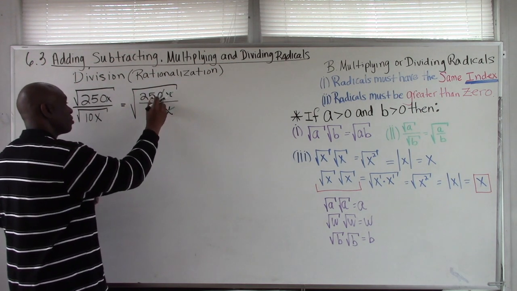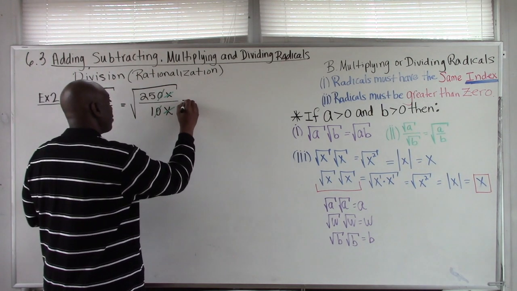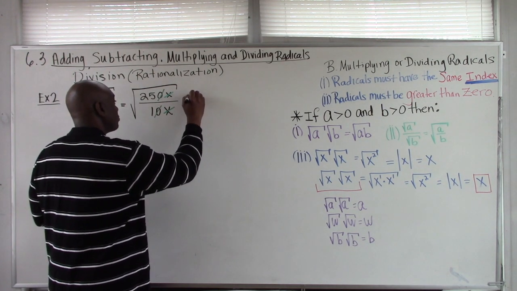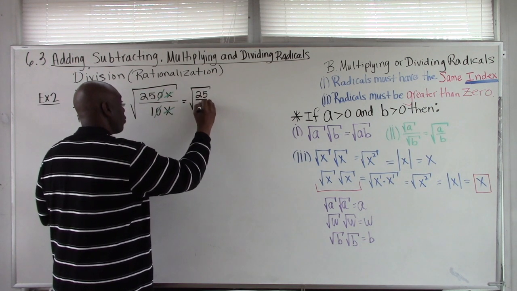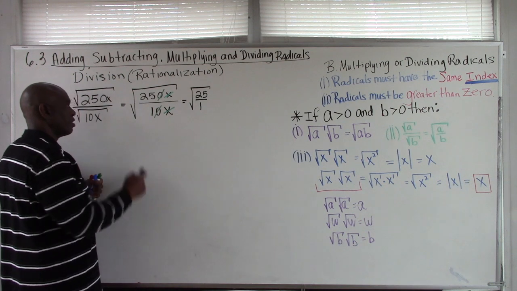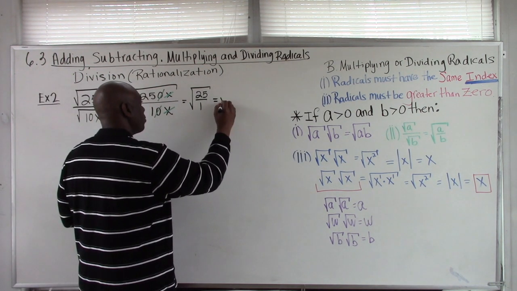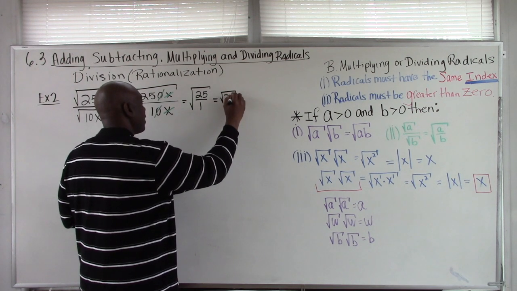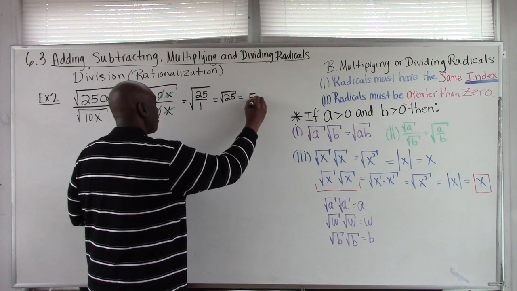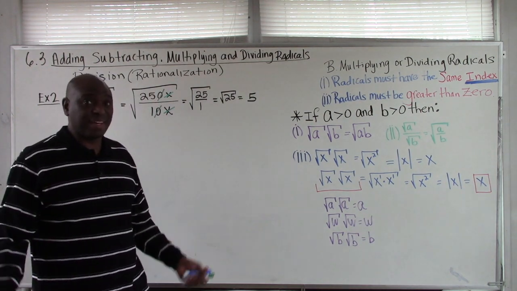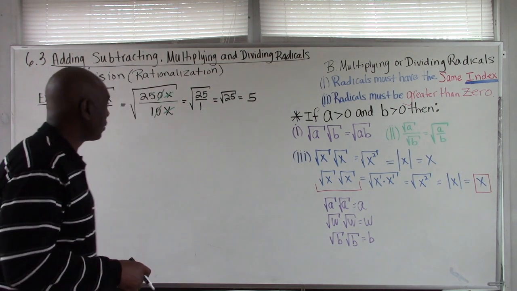These zeros also cancel. So I'm going to have the square root of 25 over 1, which is the same thing as the square root of 25, which equals 5. So that's just 5. That one's not too bad. That one's okay.